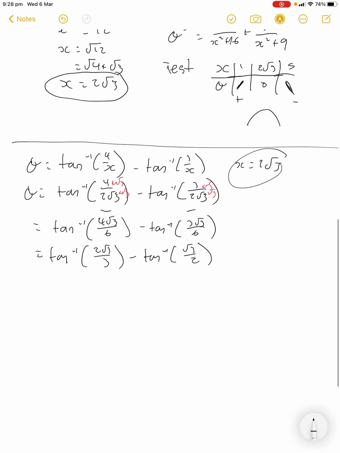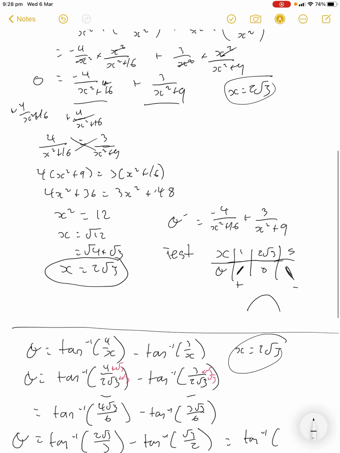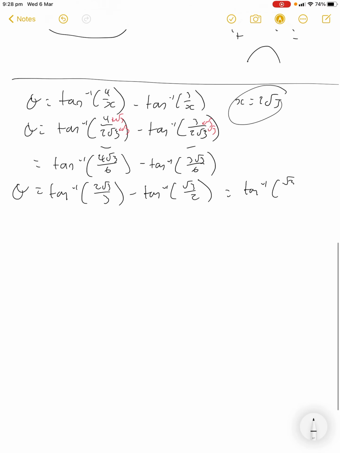This next part, I essentially want to show that that is the inverse tan of root 3 over 12. This means I need to somehow combine two angles into one. And how can we combine two angles into one? It's something we looked at a while ago. It is going to be my inverse tan addition and subtraction formulas.